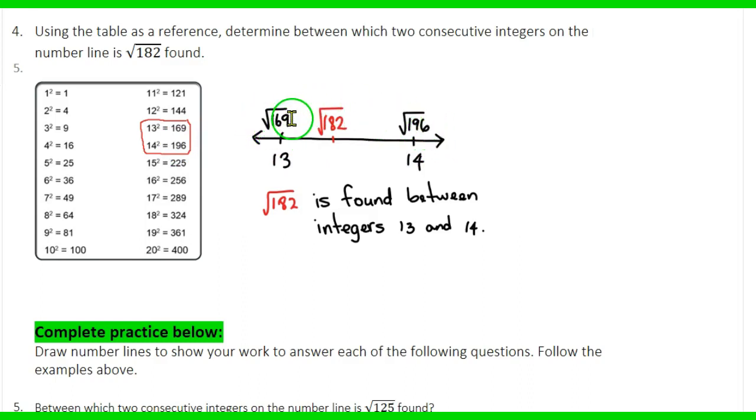The square root of 169 is 13, the square root of 196 is 14, and now we place 182 in between. The square root of 182 lies about here, which is a decimal more than 13 and less than 14. To answer our question, the square root of 182 is found between integers 13 and 14.